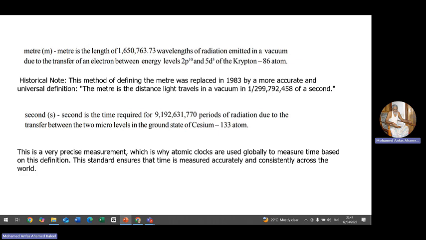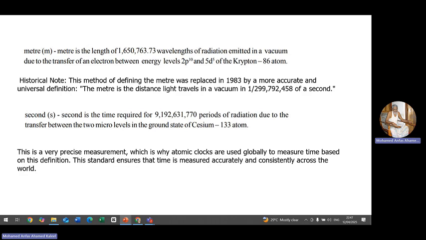The resource books give the definition as 1,650,763.73 wavelengths of radiation emitted in a vacuum due to the transfer of an electron between the two energy levels 2p10 and 5d5 of the krypton-86 atom. But this method was replaced in 1983 by a more accurate and universal definition.